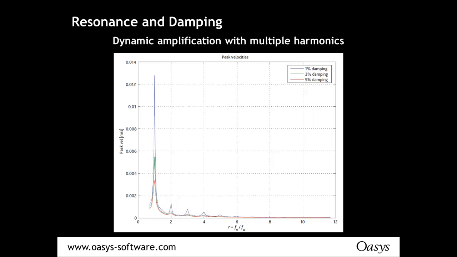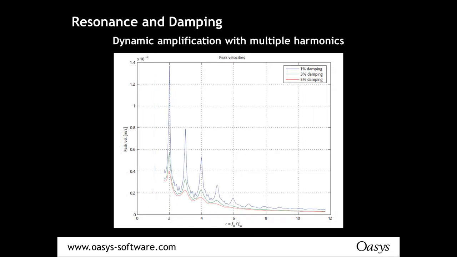Not so much a problem with buildings. So with buildings, we tend to avoid the first harmonic, and look at the second, third, and fourth harmonics, and you notice the responses do die out. There are additional harmonics above that, but essentially it's difficult for people to walk with that amount of regularity to interact with the higher harmonics. So that's a resonant response.